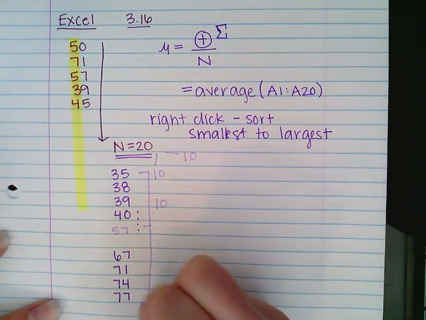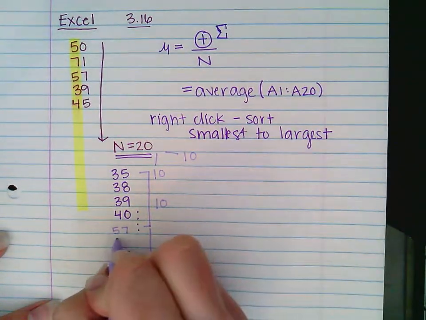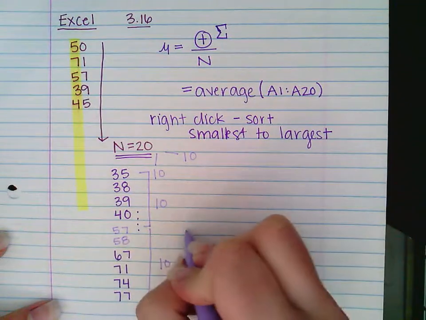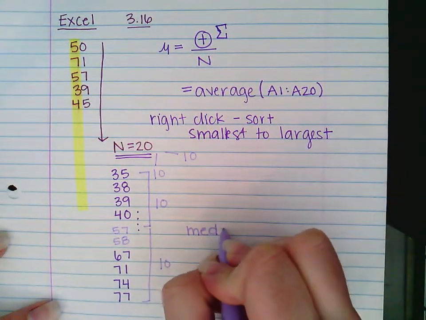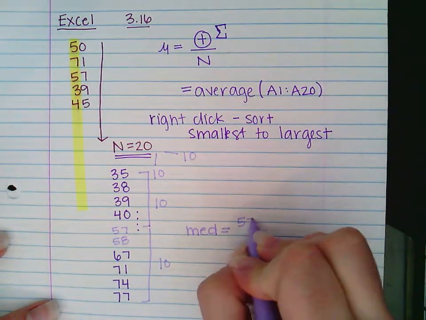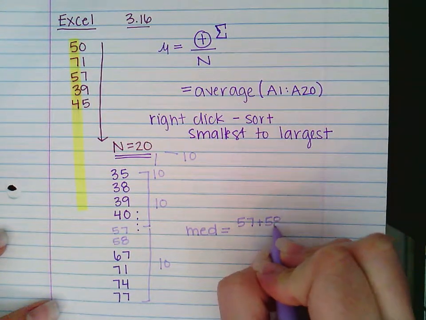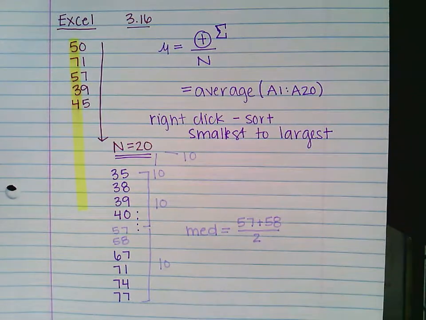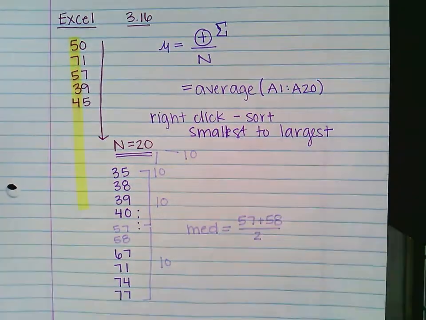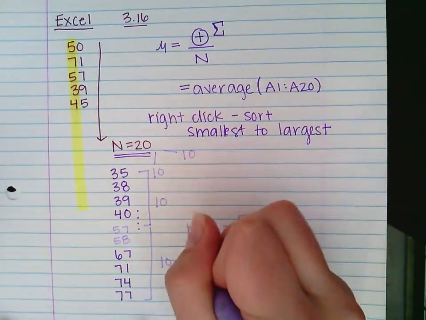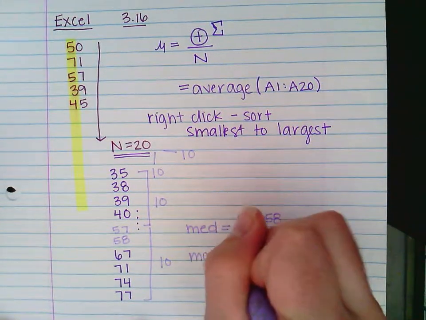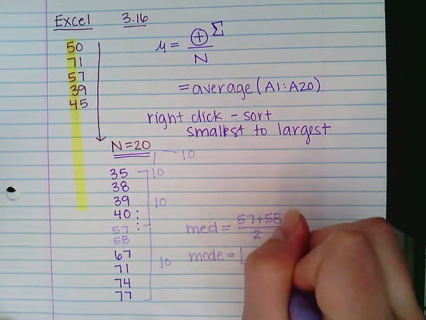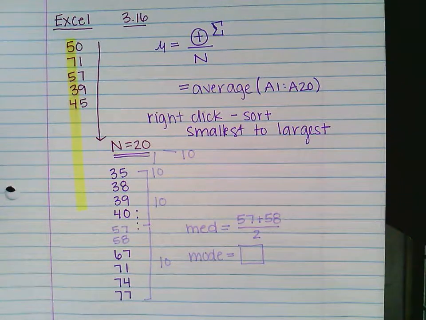And then the next 10 digits start at 58. And so to find the median, it's the number in between 57 and 58. And you can either average that or you just know what that is. One of the other calculations this problem wants you to find is the mode, which is the most frequent number. So are there any repeats, and which one repeats the most?